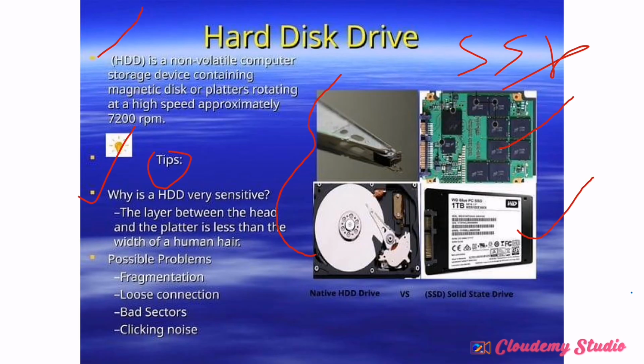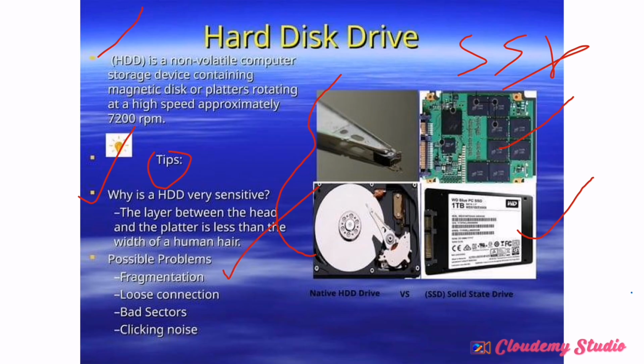So here I want you to understand one thing. When you are identifying the problem, for those of you interested in computer troubleshooting or repair, if you want to identify that the hard drive has a problem, definitely when you check, number one, the hard drive will start fragmentation.